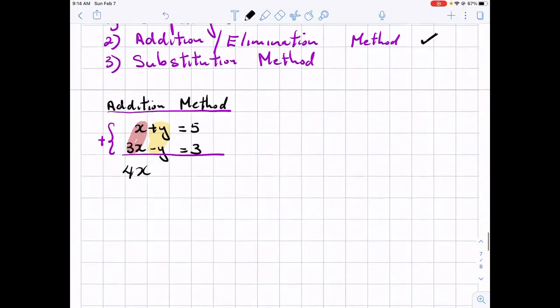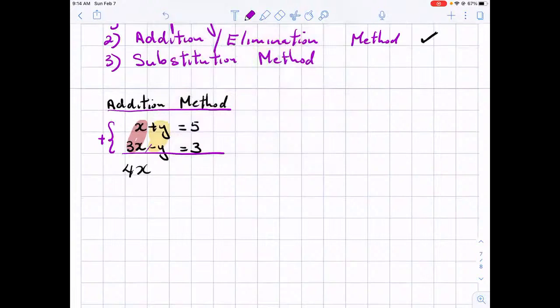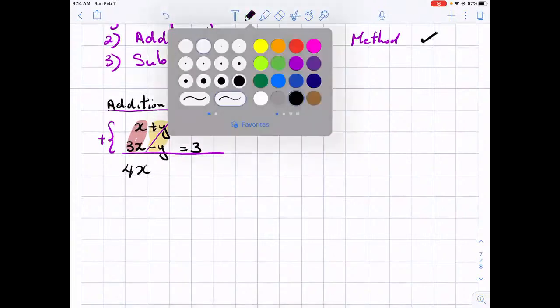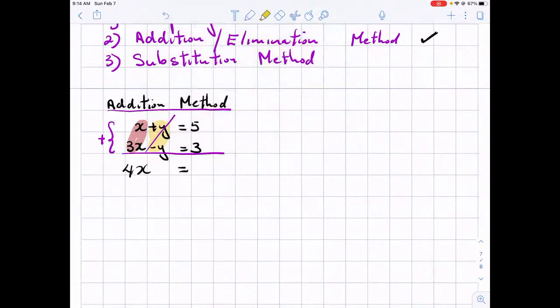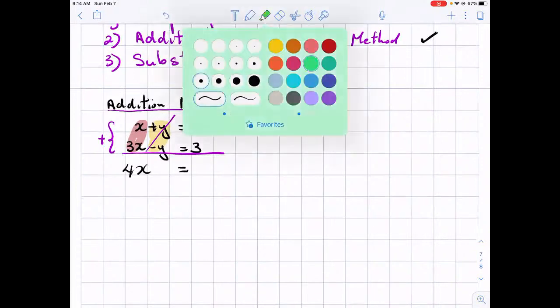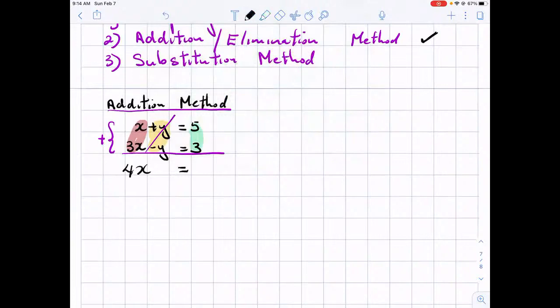Okay? So we say that these will cancel out. And that is equal to, if we add 5 plus 3, that gives us 8. And this is why it's called the addition method.